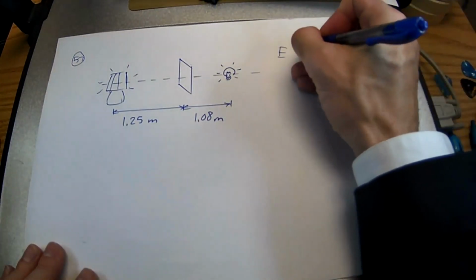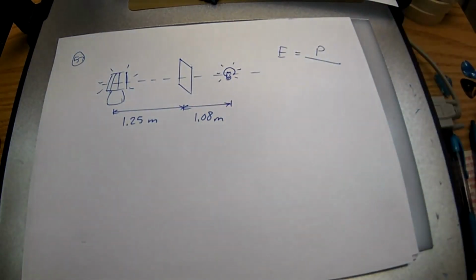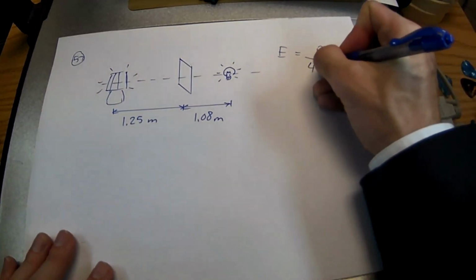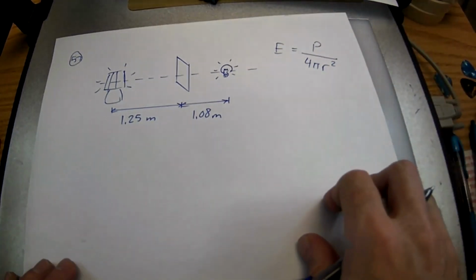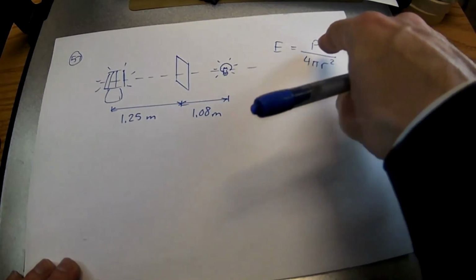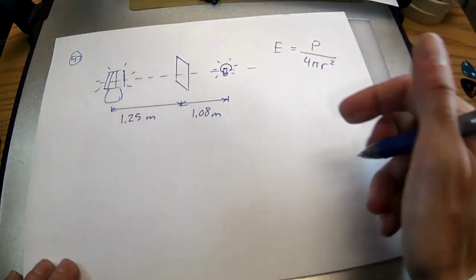Well, illuminance is equal to luminous flux divided by 4 pi r squared. You guys remember 4 pi r squared is the surface area of a sphere. And the illuminance is the same from each object on that paper.